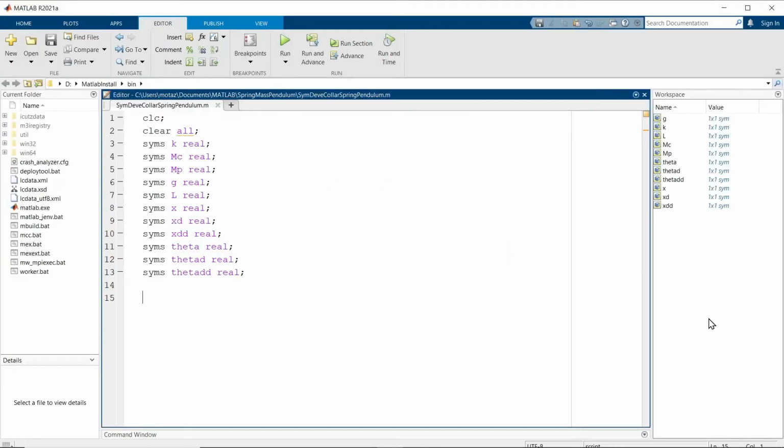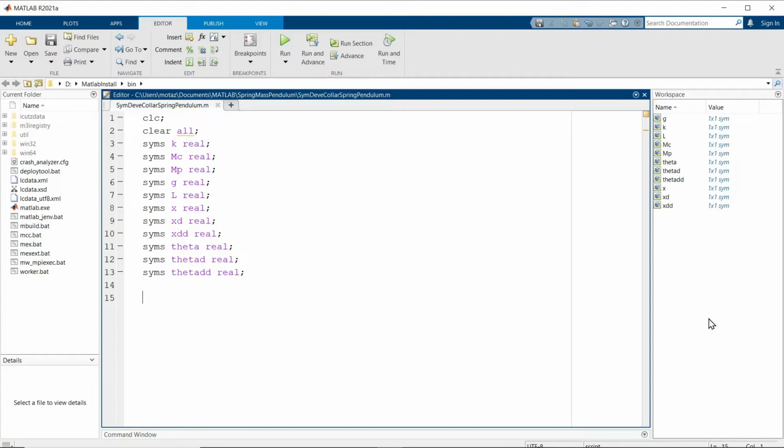After you finish modeling this collar sandwiched between 2 springs and a pendulum in Simulink, you may be worried that it's not validated or you have no way to verify it. One way to verify it is to derive the equations of motion with Lagrangian and then solve them using ODE45, because they're going to be a set of 2 ordinary differential equations, and then you can plot and animate your results.